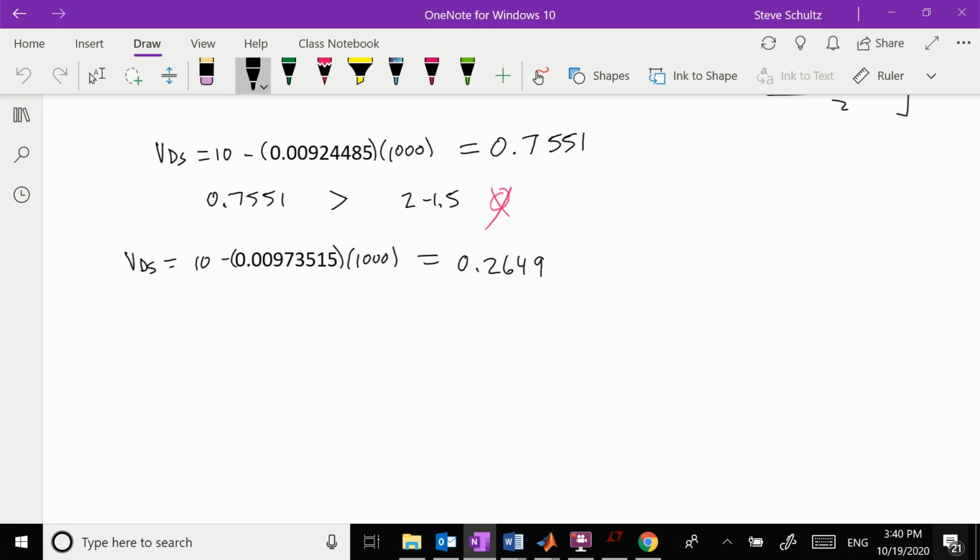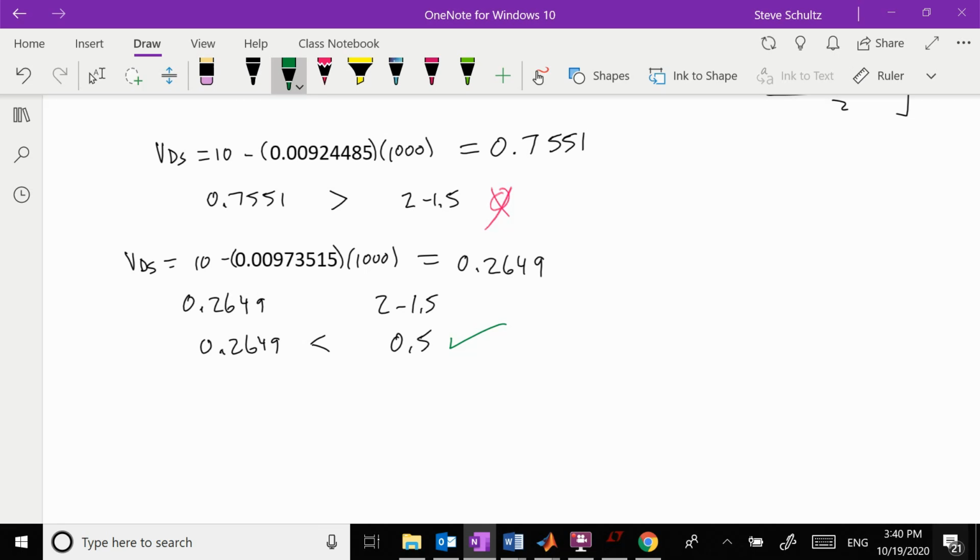So we have 0.2649, and then we have our 2 minus 1.5. So 0.2649 compared to 0.5. And this is definitely smaller than that. So check, we did it, and then that is our answer.